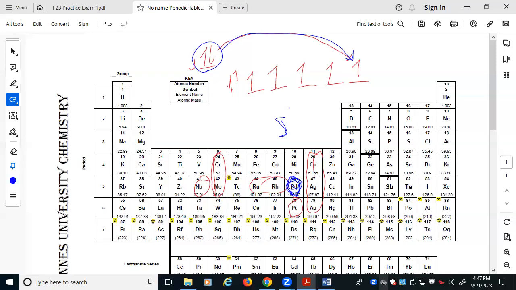And considering that most of these anomalies, if you look at the configuration for the 4D sublevel, we can make a general conclusion in that regard. The 4D sublevel is lower in energy than we think it should be. And that's why so many electrons hop over.